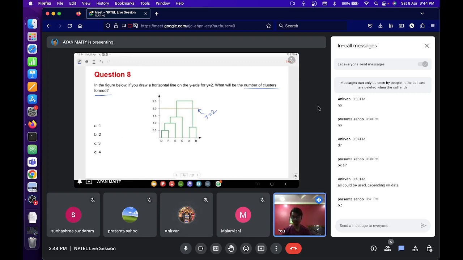There are four options: 1, 2, 3 and 4. Anirban says B, Prashanta Sahu says 2, which is option B. So both of you are saying option B.